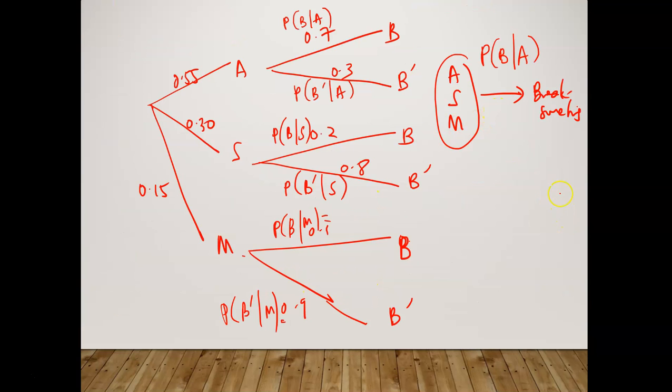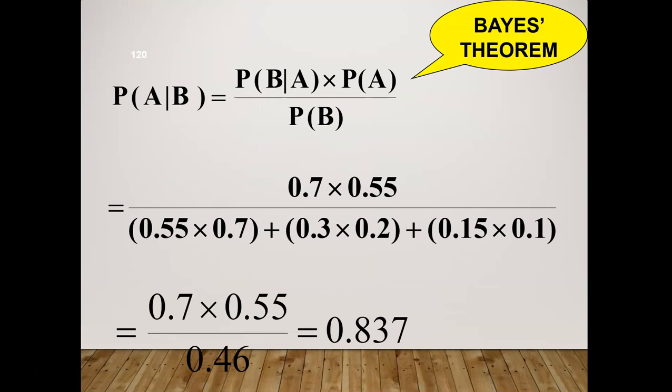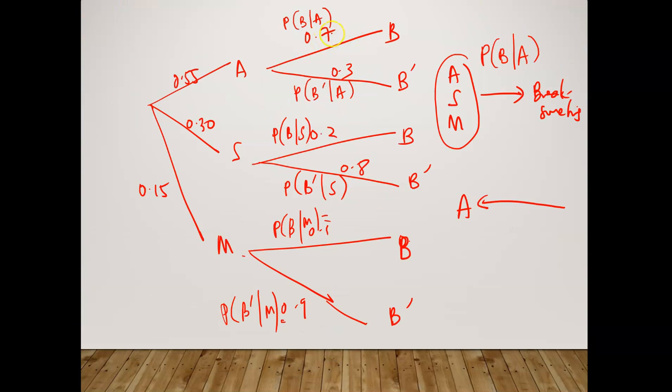Starting with the broken biscuit, and it is broken by Aisha. It's the reverse way. So we want to find P(A | B). You just use the Bayes theorem and substitute the value based on the tree diagram: P(B | A) multiplied by P(A) over P(B). How do you get P(B)? P(B) is coming from here.